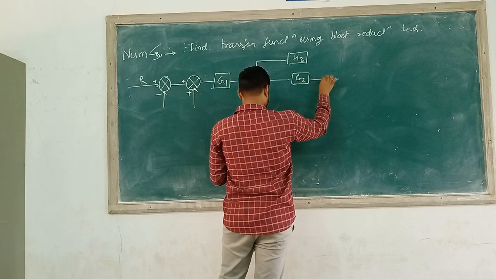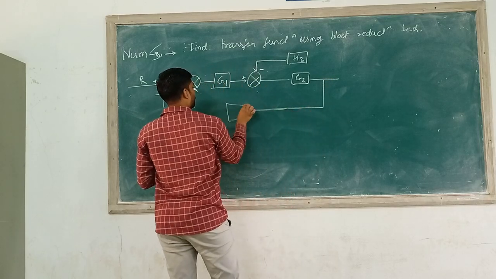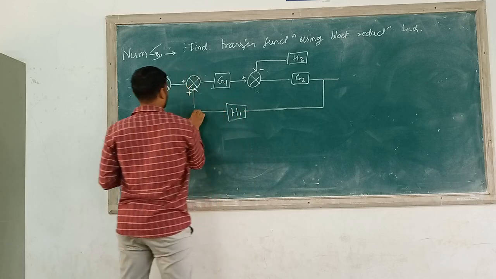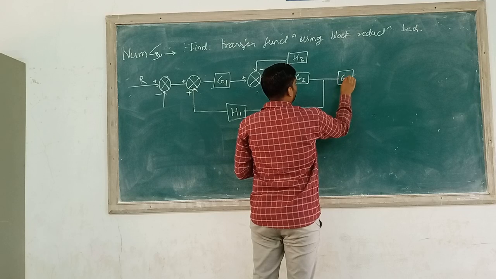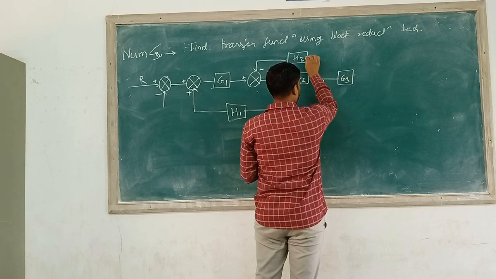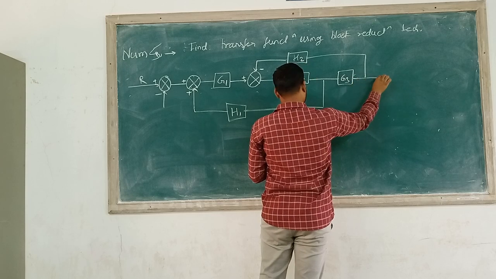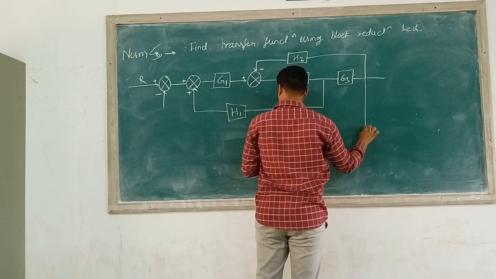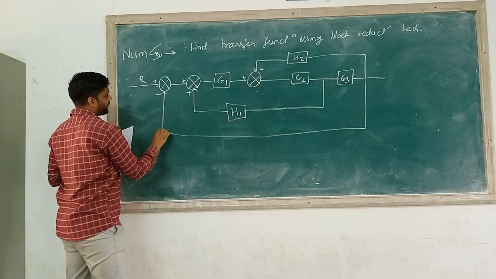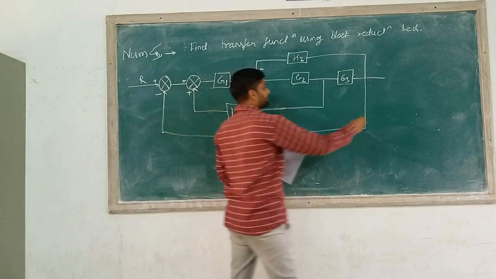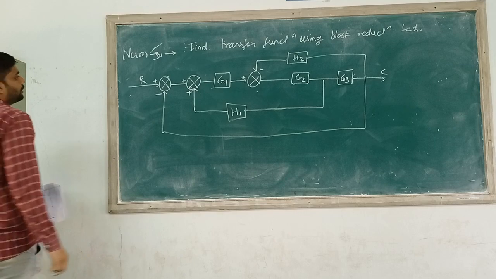And here the function is H1. Okay. Then here G3. It again has to need feedback loop. This is output C. Okay.